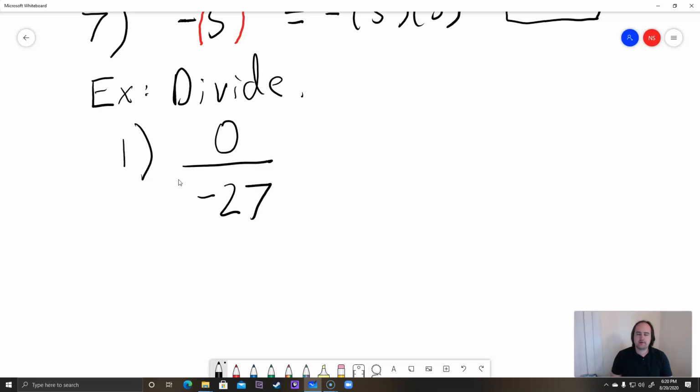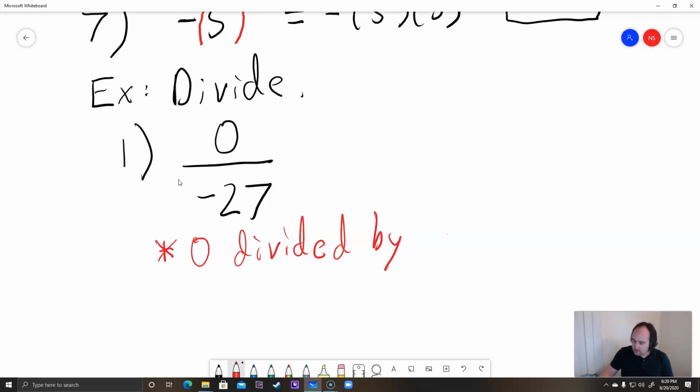If your 0 is in the numerator when you're dividing, and you have any other number in the denominator, the answer is going to be 0. Let me write that down for your notes. 0 divided by any non-zero number, so any number besides 0, is 0.